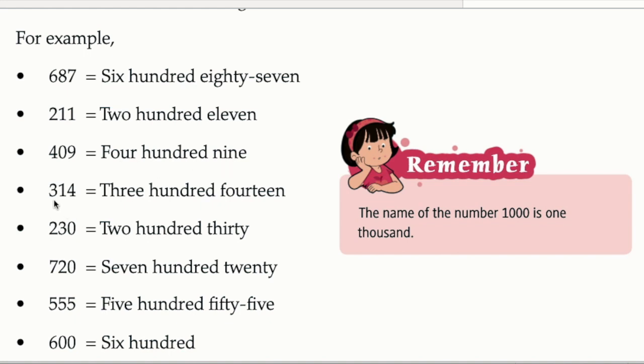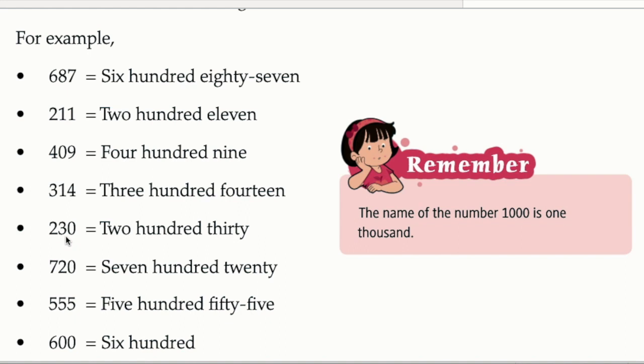Next we have 314. 3 is in which place? 3 is in hundreds place. So we are writing THREE HUNDRED. After 3 we have 14, that is 1 in tens place and 4 in ones place, so we are writing it as FOURTEEN.